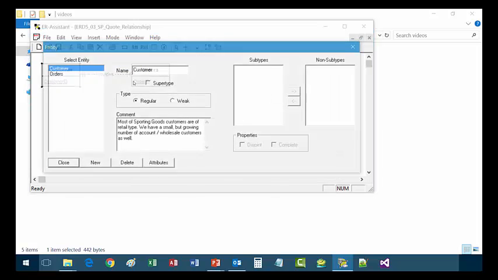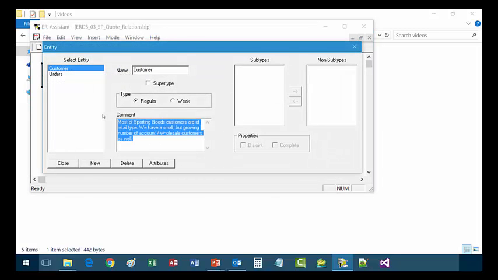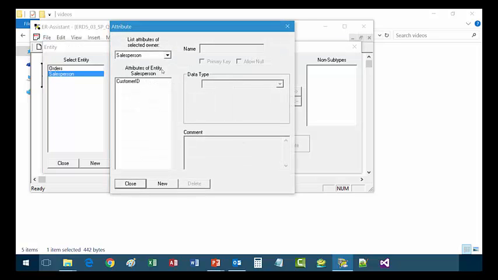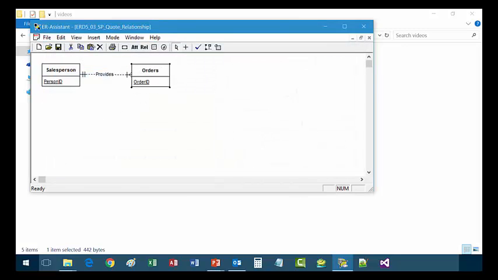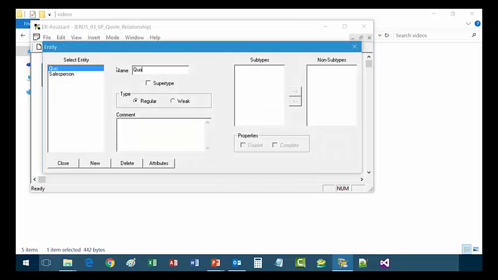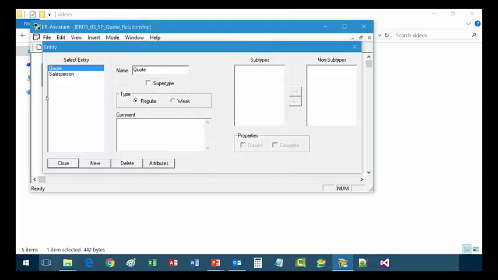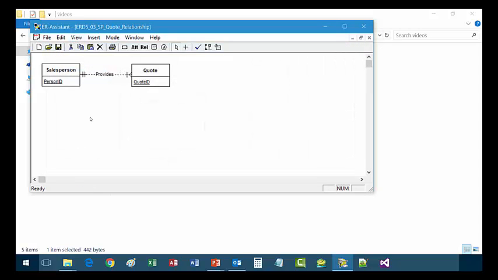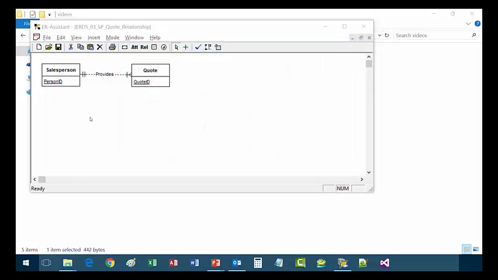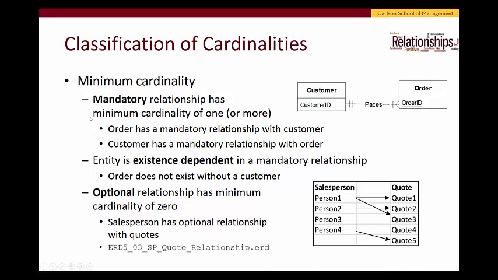And we'll change customer, after deleting the comment, to salesperson with person ID as a primary key, and we'll have a quote with quote ID on the other side of the relationship.